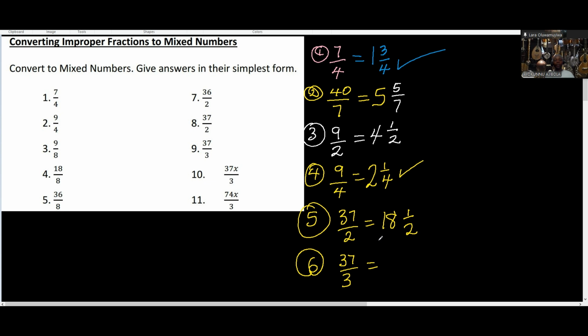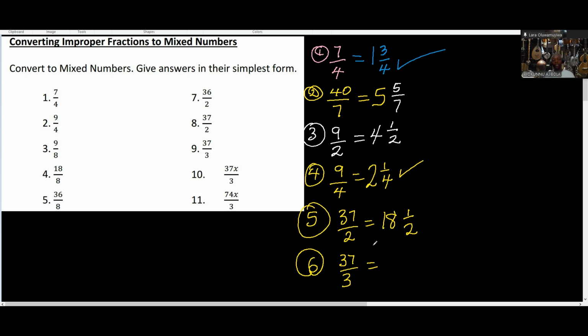How many times can 3 go in 37? Read your 3 times, let me hear. 3 times 1 is 3, 3 times 2 is 6, 3 times 3 is 9, 3 times 4 is 12, 3 times 5 is 15.